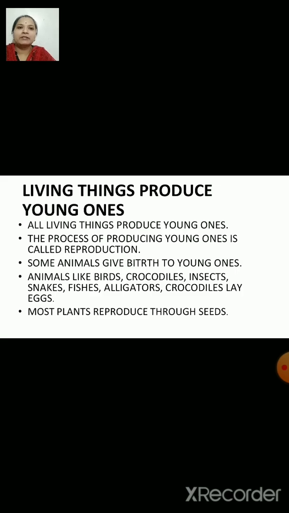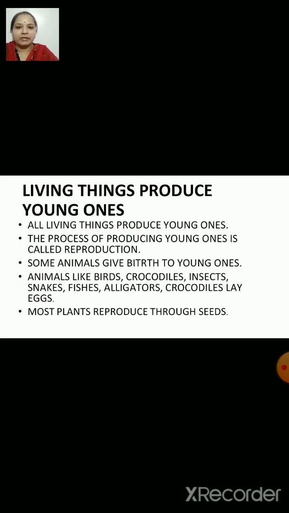Some animals give birth to babies. Some lay eggs from which the little ones come out. Most plants reproduce through seeds. You must have grown a plant or seen a plant grow. So, how does it happen?